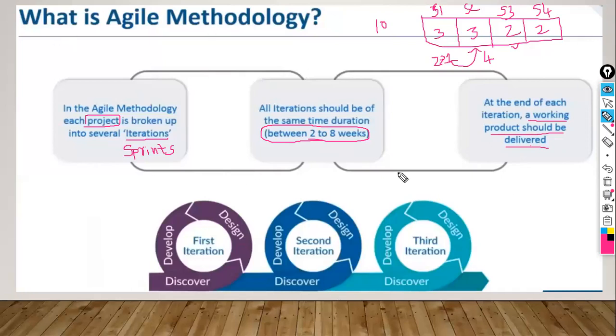Hope this is clear: what is agile methodology and how the process happens in agile methodology. Any doubts? Guys, if you are not asking any questions, either it is completely perfect or you are not understanding anything. So in which stage are you right now?